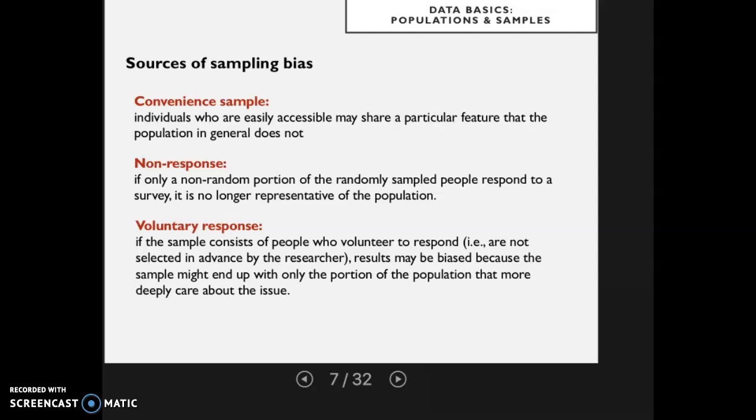You don't even select, and then people volunteer to respond. In this case, results may be biased because the sample might end up with only one portion of the population that more deeply cares about the issue, right? Same thing with the non-response situation. So the result might end up being the same, even though in one there is an effort of the researcher to get a representative population. If there is a high non-response rate, you need to be careful about that. And voluntary response, it doesn't begin well, right?